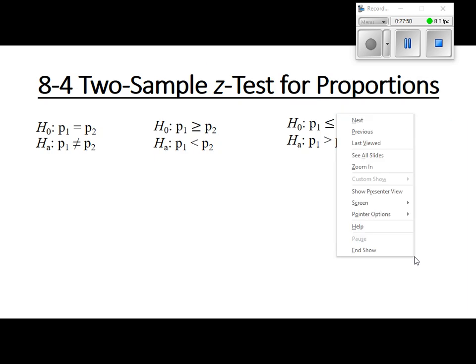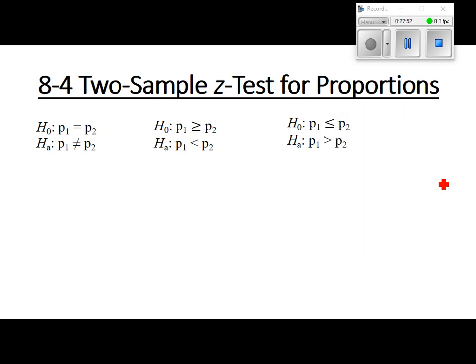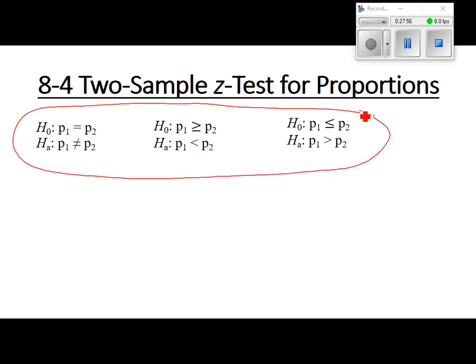The last thing, proportions. They're going to look like this, so back to sort of what the others look like before that 8-3. HO and HA, main thing to remember again, how do you know HO? HO always has to have what?